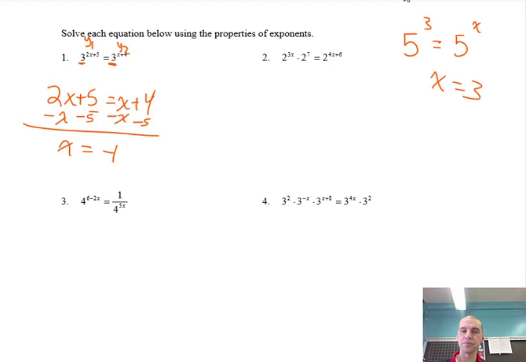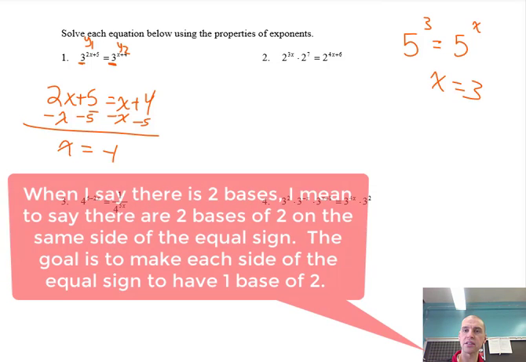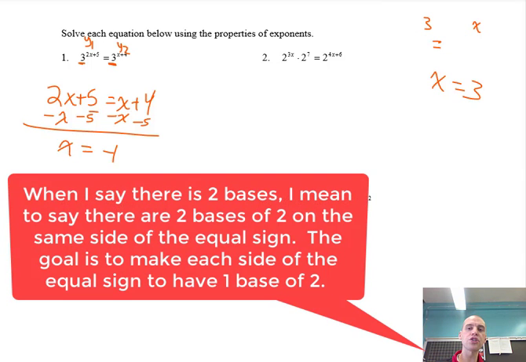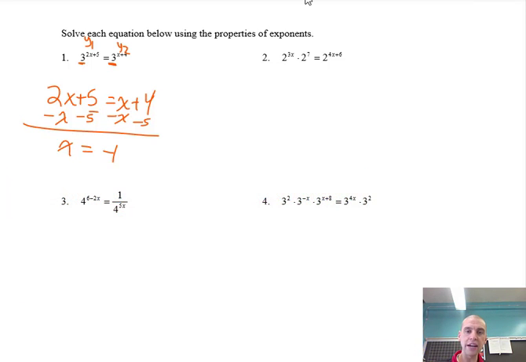Let's go to number 2. Notice that I have two bases here. When I have two bases, I need to make it so there's only one base, just like there was in number 1. I have to use the properties of exponents. When I have the same base, 2 to the 3x multiplied by 2 to the 7, that equals 2 to the 3x plus 7.